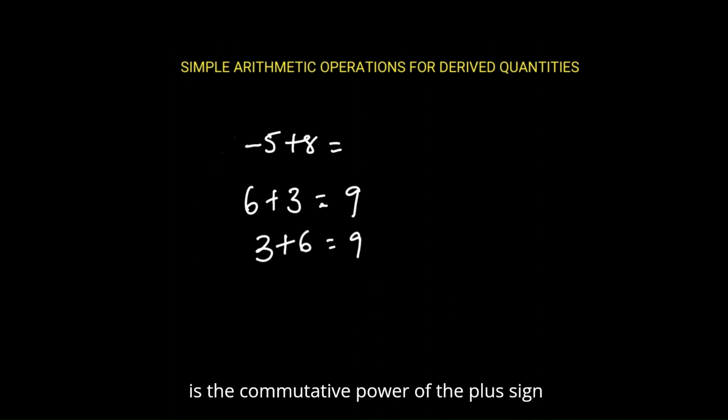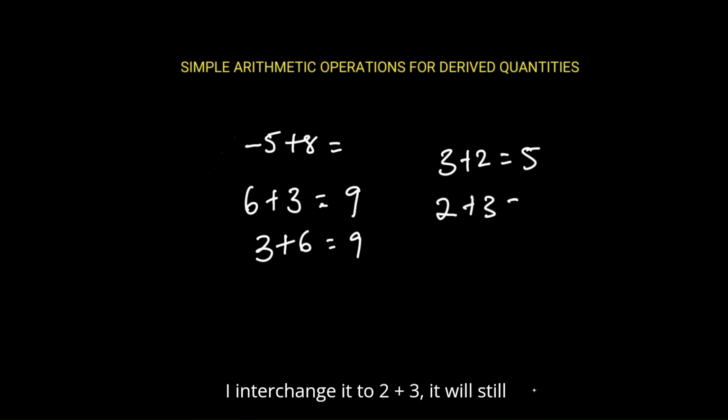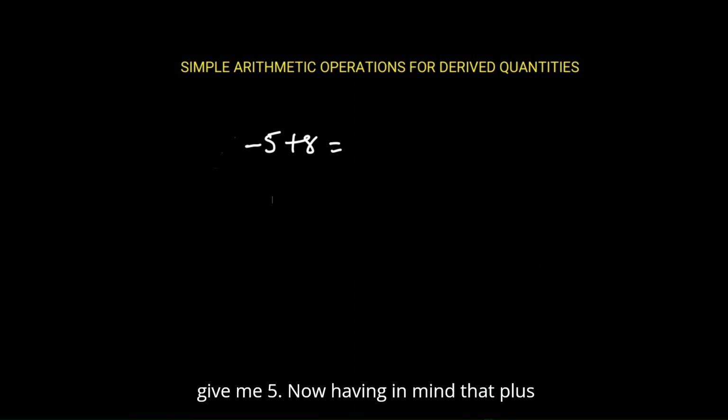Right? So that is the commutative power of the plus sign. 3 plus 2 is 5. If I interchange it to 2 plus 3, it will still give me 5. Now, having in mind that the plus sign is commutative, anytime you see the plus sign between two numbers, you can interchange the numbers and it will still mean the same thing.